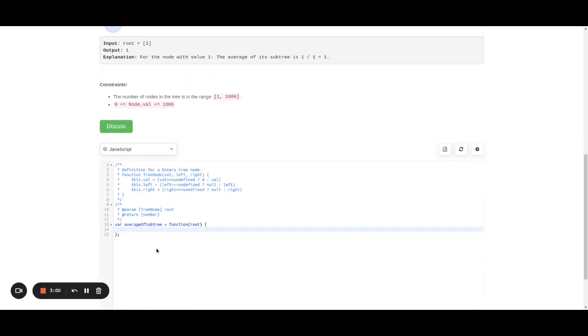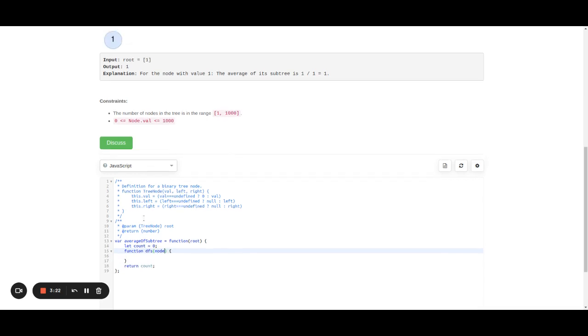We need a count for the answer, and we need one function, DFS, which is going to take a node, and we are going to return a count. We can consider this as a node, so let's not confuse it.